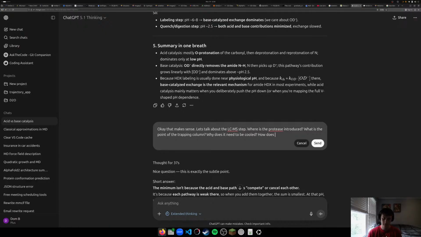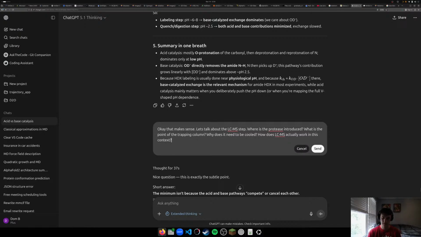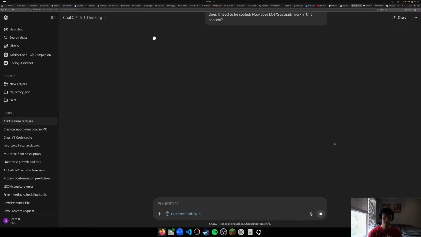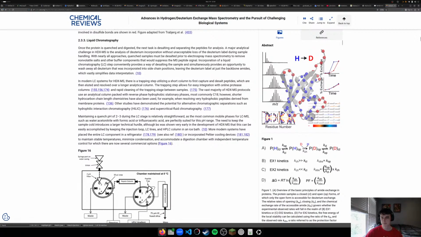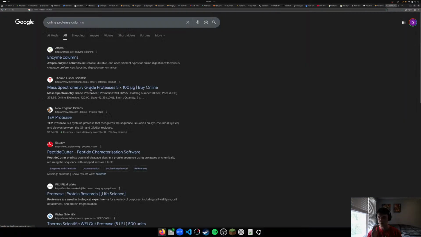How does LC-MS actually work in this context? Online protease columns. So I believe the column itself, yeah, enzyme column.